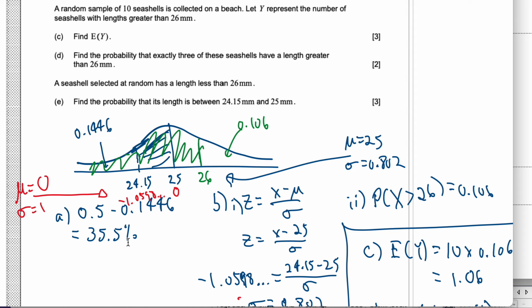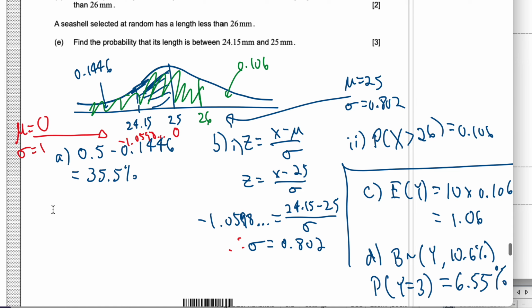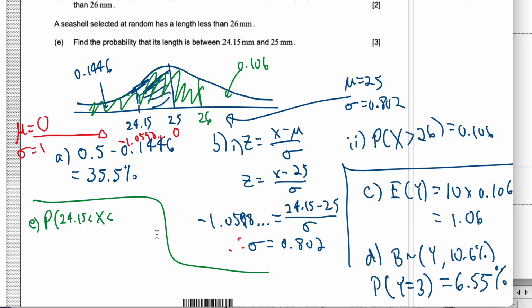Okay, so maybe I'll just show the work right here in green. So this is E. So the probability that it's between 24.15 and 25, I'll write it out like this: 24.15 less than x less than 25, given that x is less than 26.